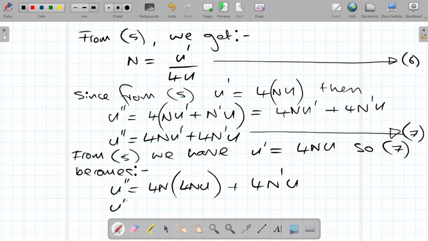And so we've got u double prime equals 16n squared u plus 4n prime times u.